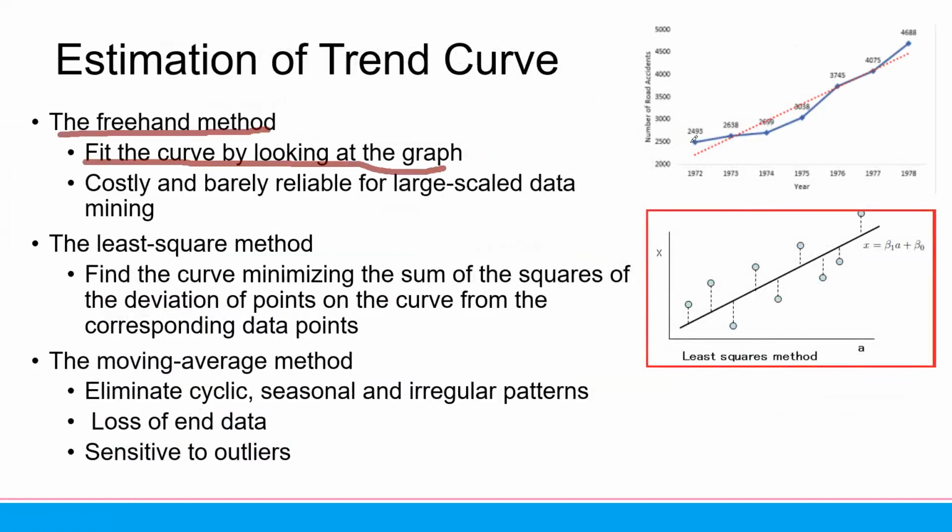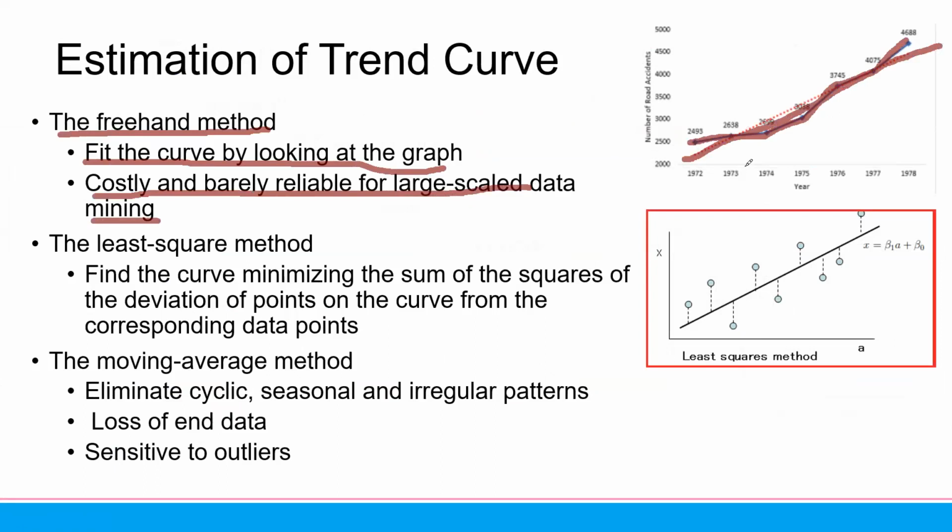So we have this graph, this is the actual data, and we try to fit it. We just draw the line. It seems that this is a trend. With this freehand method, it is costly and barely reliable for large-scale data mining.